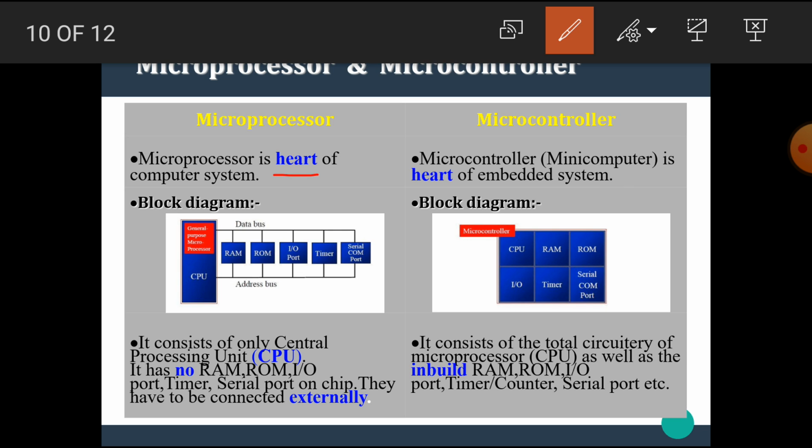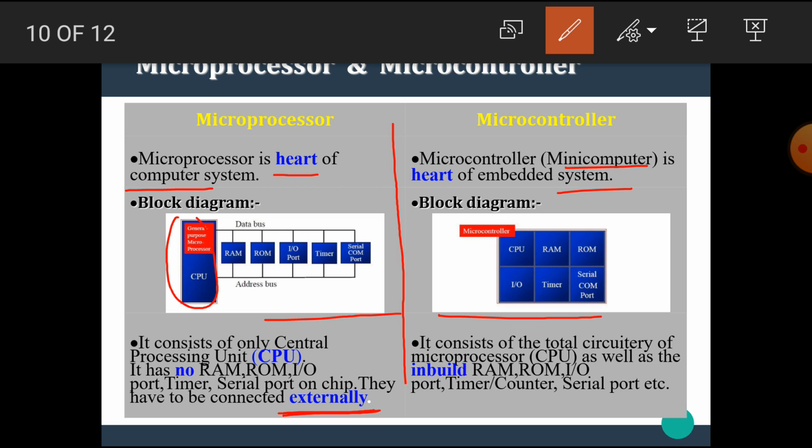Microprocessor is heart of computer system and microcontroller, that is mini computer, is heart of an embedded system. We can clearly differentiate between the block diagrams of these two. The block diagram of microprocessor consists of only central processing unit. It has no RAM, ROM, input output port, timer, serial port on chip. They have to be connected externally.